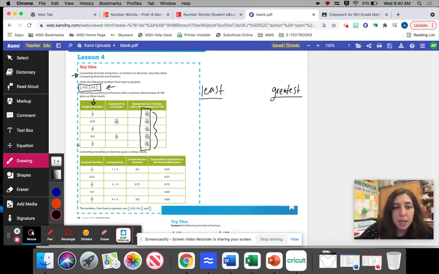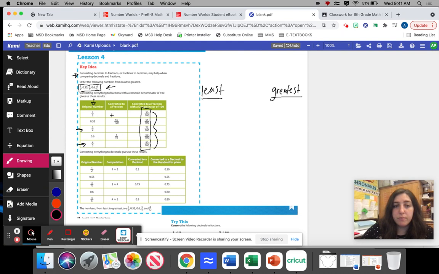But I might not be able to see that right away from looking at 4/5 and 3/4. Okay, so that's why we're going to change how they look. We're going to come up with equivalent fractions so we can compare them. Or we're going to turn the decimals into a fraction.